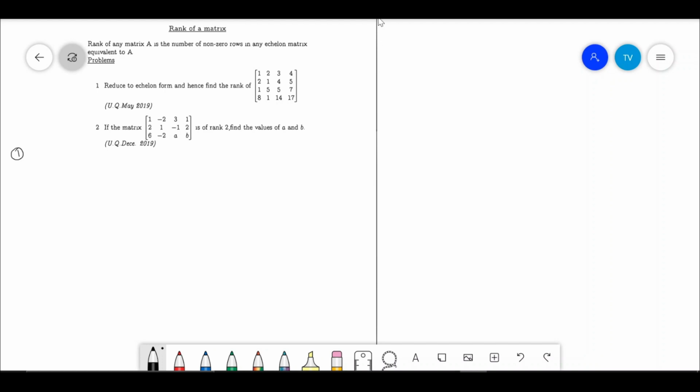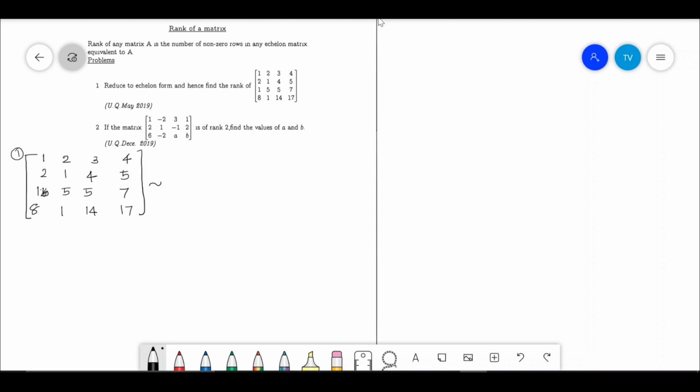So let me write here the matrix: 1, 2, 3, 4, then 2, 1, 4, 5, 1, 5, 5, 7, then 8, 1, 14, 17. So the given matrix. Let us try to convert this to echelon form.